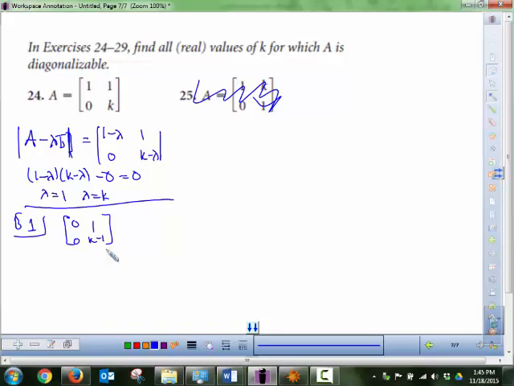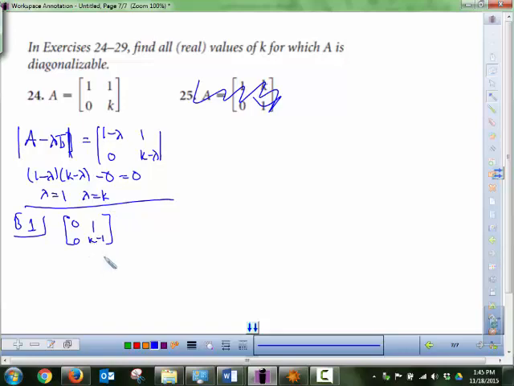Well, first of all, we have to make sure that we get a row of zeros, right? And we're looking for the null space. If the bottom is not equal to 0, then we're not going to be able to do this. And if you don't have any 0 rows, that means the only vector that would work in the null space is a 0 vector, which is not good for us because we're looking for linearly independent values.